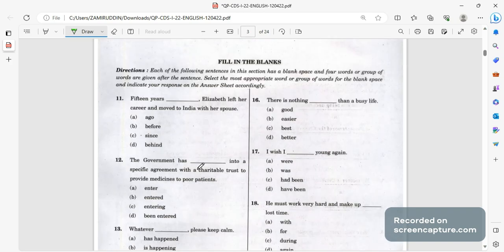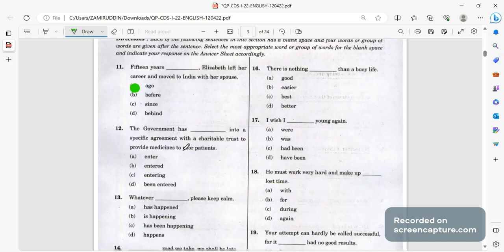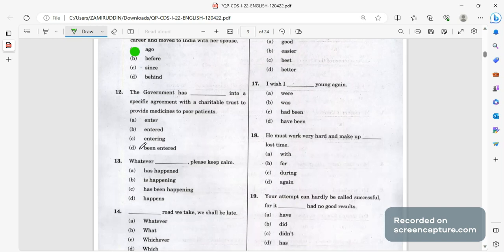Next is the fill in the blanks. We need to fill the blanks with the appropriate words that are provided. Now, 15 years ago, Elizabeth left her career and moved to India with her spouse. Next one, the government has entered into a specific agreement with a charitable trust to provide medicines to poor patients.